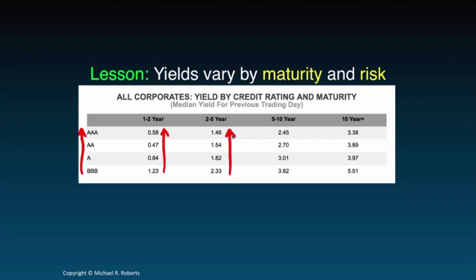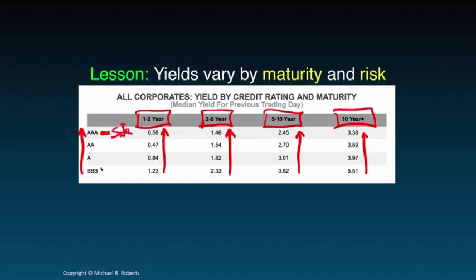I know drawing the up arrow isn't helping, but the numbers are getting smaller. And they're getting smaller within each maturity bucket: 1 to 2, 2 to 5, 5 to 10, 10 plus. That's a result of decreasing credit risk. These are safer bonds. These are less safe, but still relatively safe.